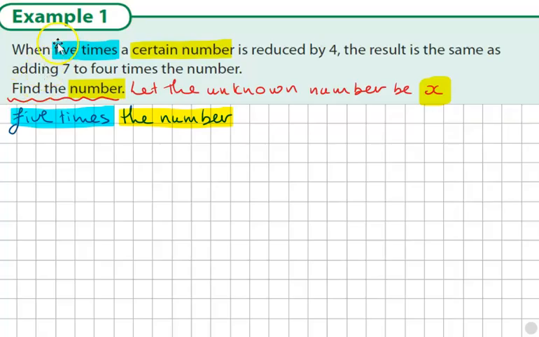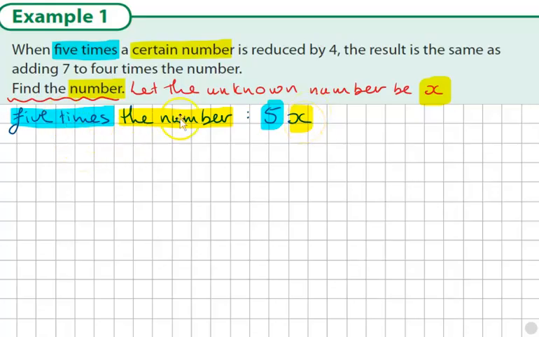So the question says 5 times a certain number. We can rewrite this as 5 times the number. So it's going to be 5 stuck onto x, because 5 stuck onto x means 5 multiplied by x, and we're letting x be the number.